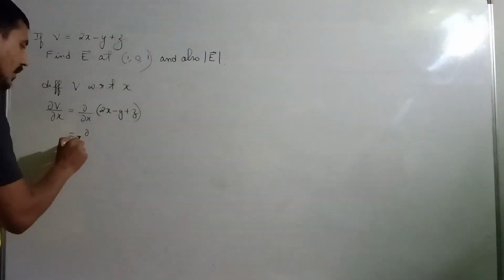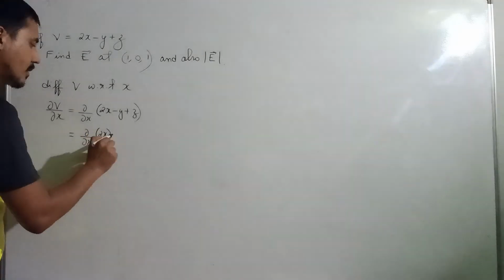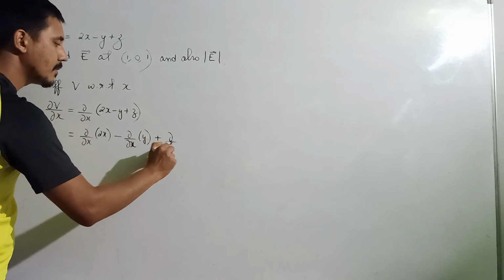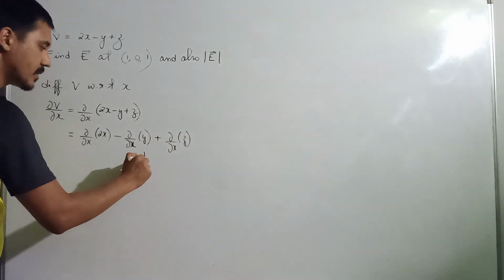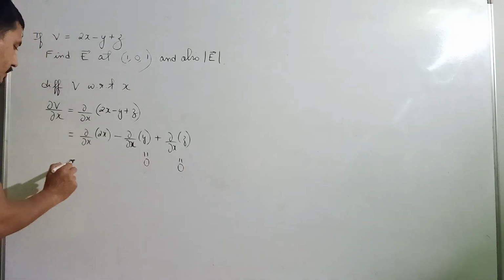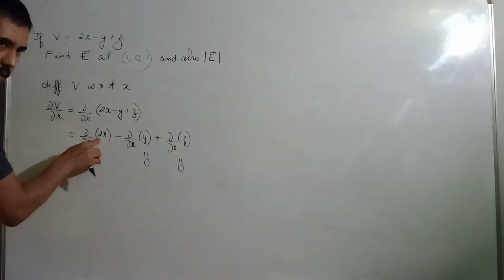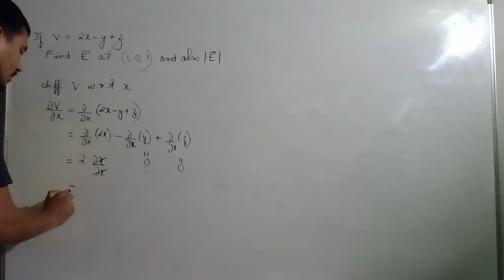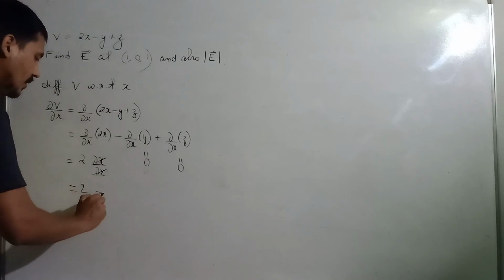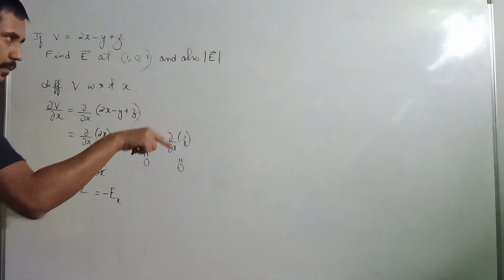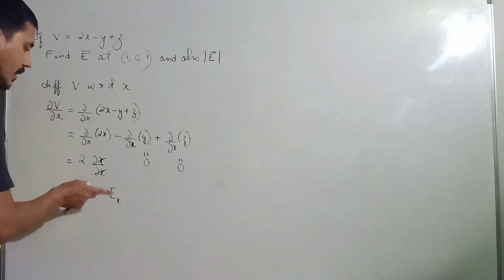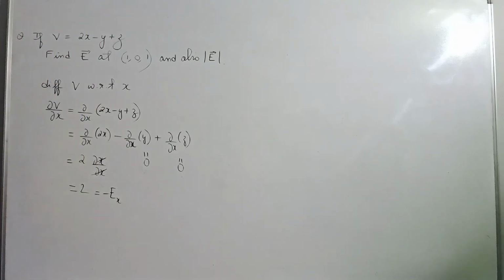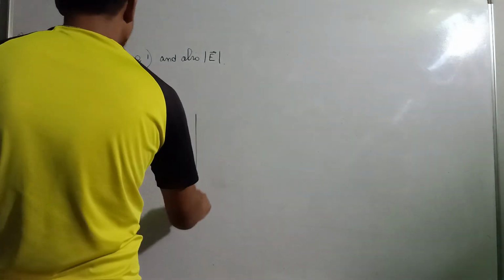So this will become del by del x of 2x minus del by del x of y plus del by del x of z. This is 0, this is 0. 2 is a coefficient, not a constant, so we can take it out. So del x by del x is 1, so 2. And this is also known as your minus Ex, because we proved that del V by del x is minus Ex, right? Correct, no?